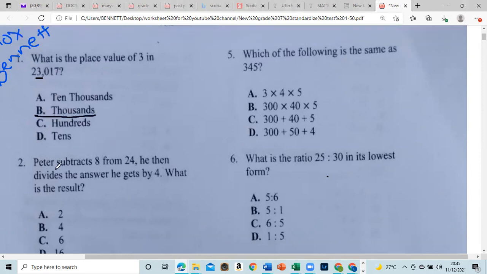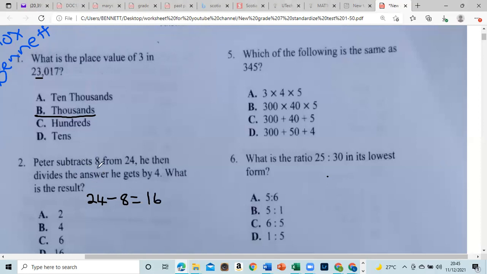All right. Peter subtracts 8 from 24. He then divides the answer he gets by 4. What is the result? Again, guys, you're encouraged to go ahead and try. Now let us see. Peter subtracts 8 from 24. So we have 24, he then subtracts 8, so he's left with 16 now.